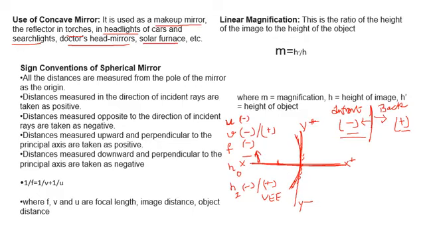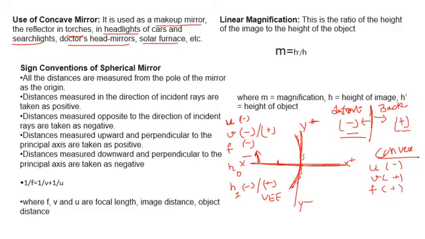Similar convention you can keep for the convex mirror. In case of convex mirror, my object is always placed in front of the mirror, so u is always negative, v is always positive. The image is always formed behind the mirror. Focus was behind the mirror, so that is positive, right?